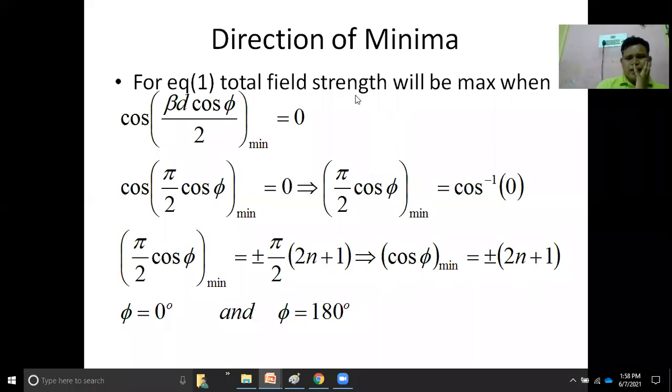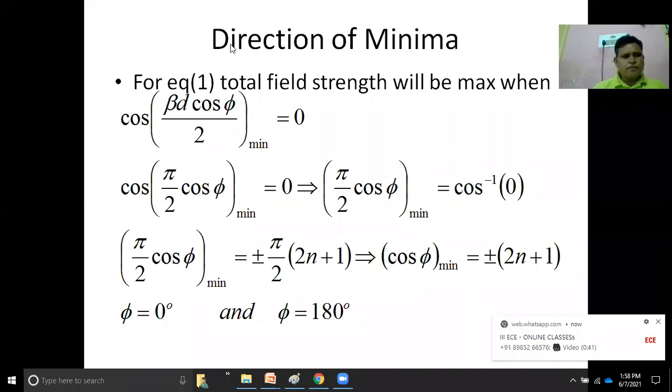That's why, for the electric field intensity of these two isotropic antennas placed at a separation of lambda by 2, we get the minimum radiation intensity in the direction of 0 degrees and 180 degrees.